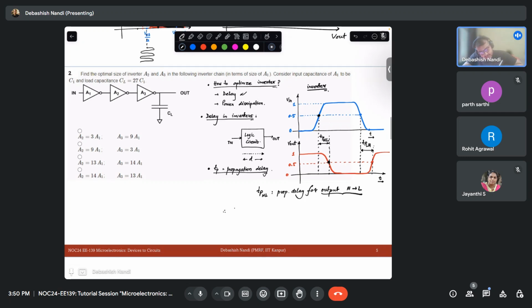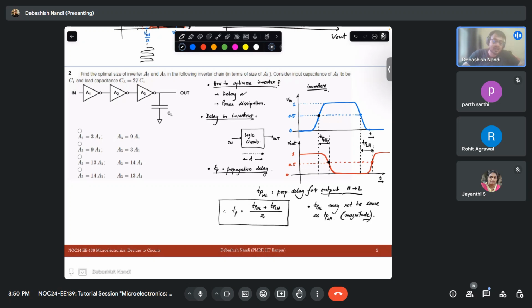Overall propagation delay TP is defined as the average of TPHL and TPLH. One thing you can note is that TPHL may not be the same as TPLH in magnitude.